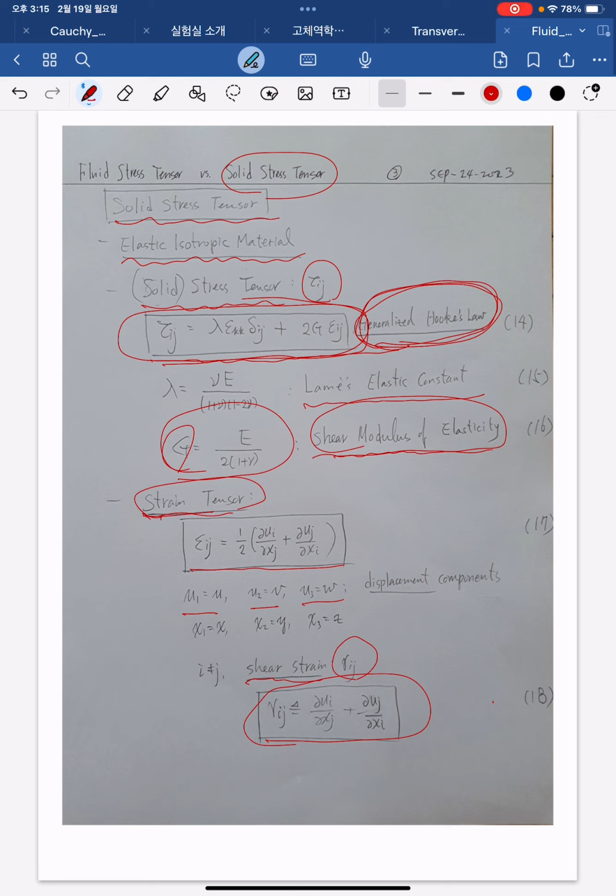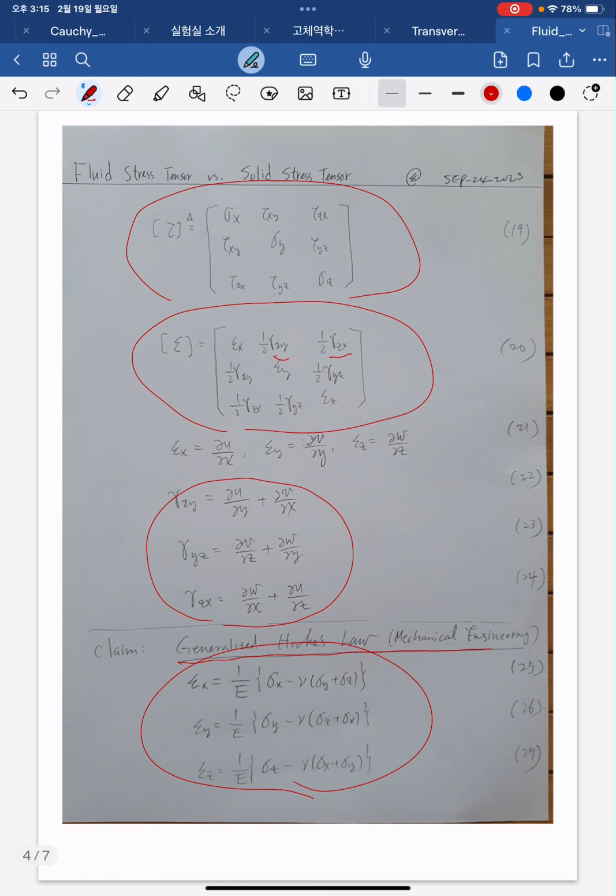Especially, the strain tensor is given by this equation, where u_i means displacement components. We also have the definition of the shear strain gamma ij given by this equation. Then the strain tensor for the solid is defined by this equation, where epsilon xy is half of the shear strain.